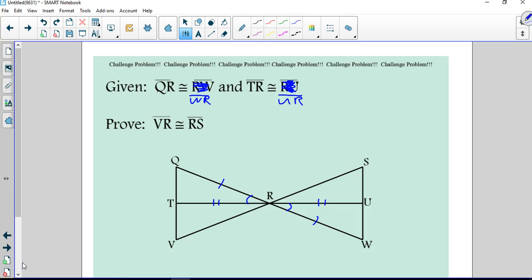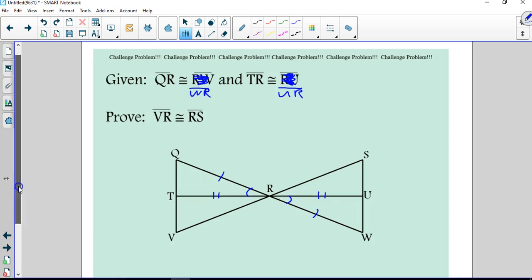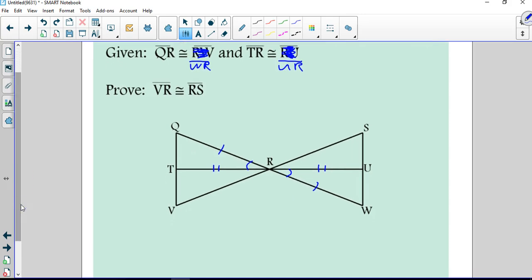Okay, so this one is really challenging, so just go with me on this one. So we have all the information to be able to prove this triangle congruent to this triangle by SAS. Okay, so let's just do that, then we'll come back to the continuing part, because I'm going to want to erase stuff.